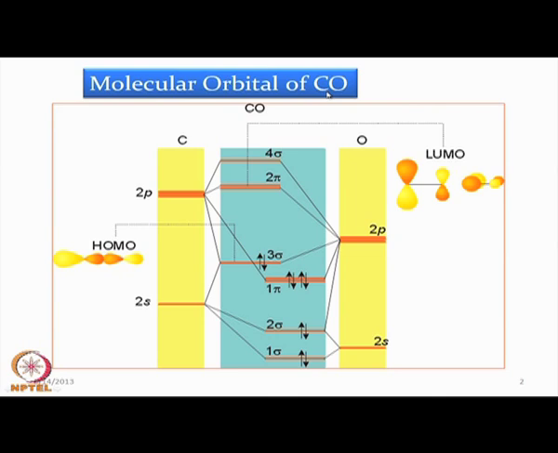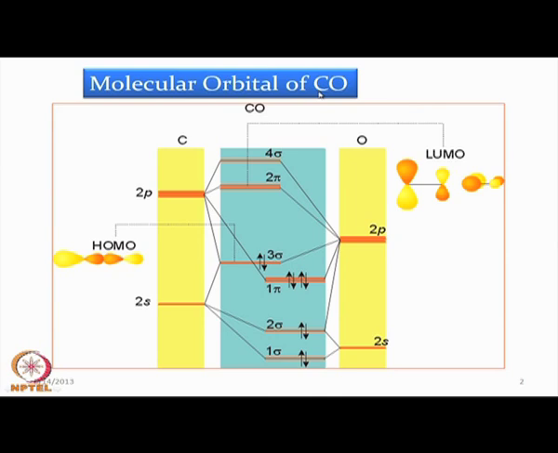If we consider the molecular orbital picture of carbon monoxide, carbon provides 4 electrons and oxygen provides 6 electrons, so altogether we have 10 electrons. But not all electrons are donated to the metal center for the formation of the metal-carbon bond in the corresponding carbonyl complexes.